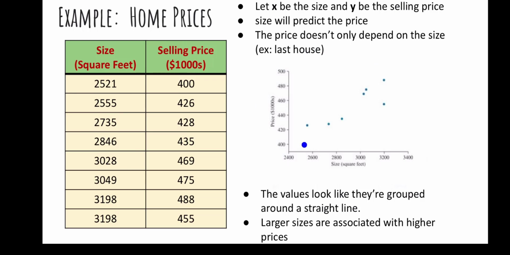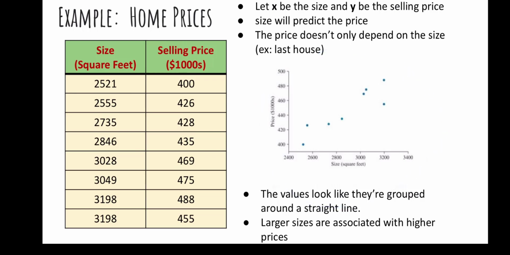This point here is the house that is 2,521 square feet that costs around $400,000. Do you see that right here? It's lined up with the size of 2,521, and if you look this way, it lines up with 400,000. Then we have corresponding points for every one of the houses represented in this table of values. So this right here is called a scatter plot.